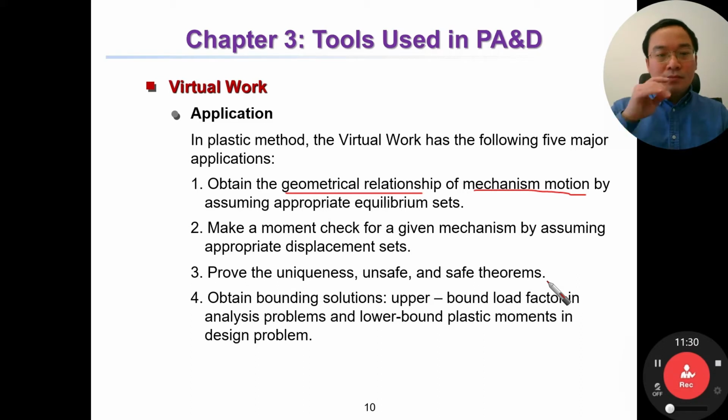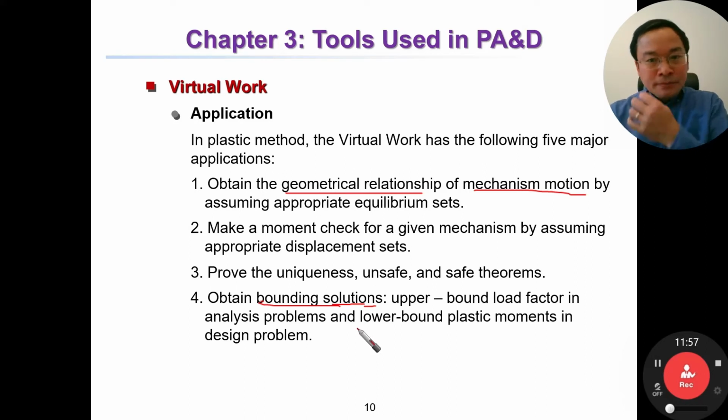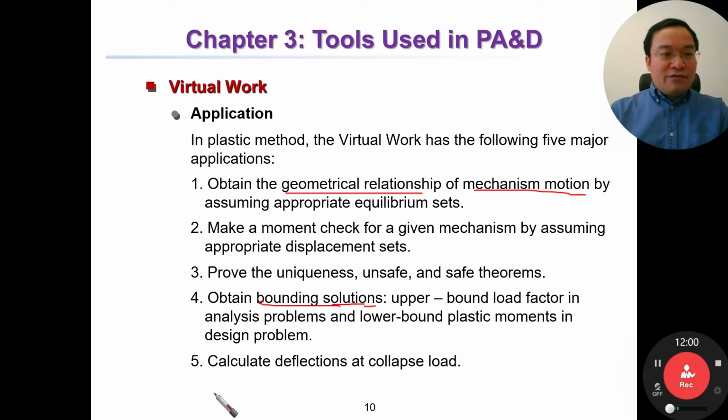The fourth application is to obtain the bounding solution: upper bound load factor in analysis problem and lower bound plastic moment in design problem. That is bounding solution, not boundary. The fifth application of waterwork is to calculate the deflection and the collapse load. So that is the 5 main applications of the waterwork.